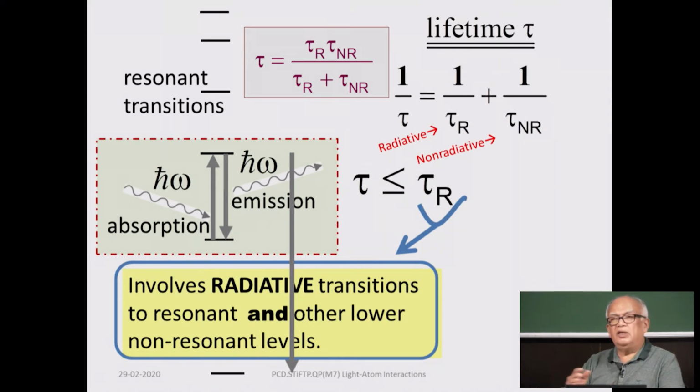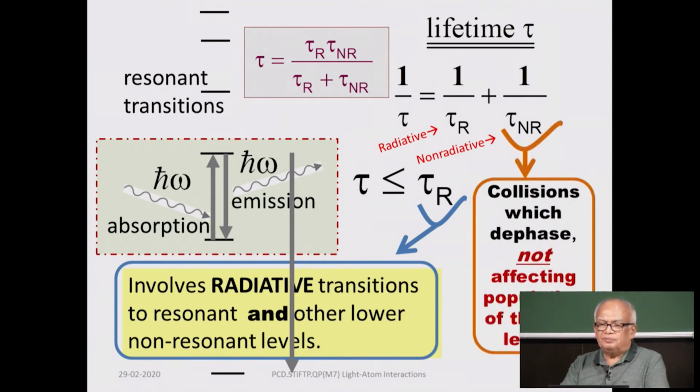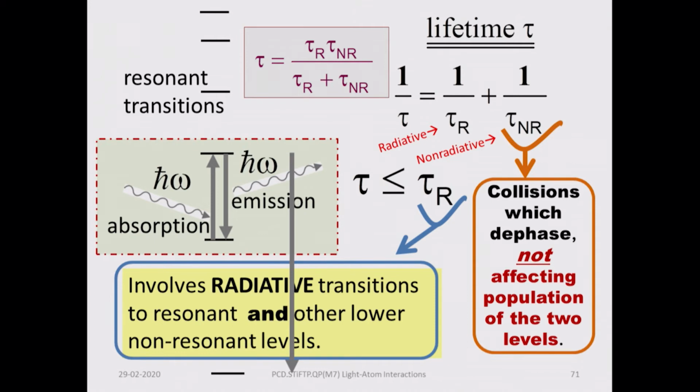And once it gets off the resonance, it cannot come back to the family of cycles which give you sustained Rabi oscillations. So this is the hindrance to Rabi oscillations, and then you can have collisions which also contribute to dephasing, not necessarily resulting in population changes.